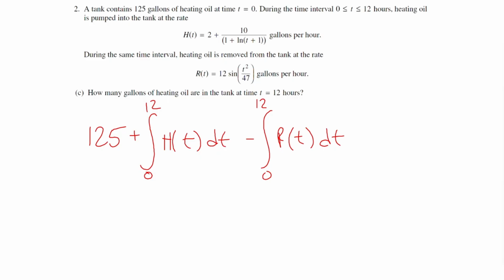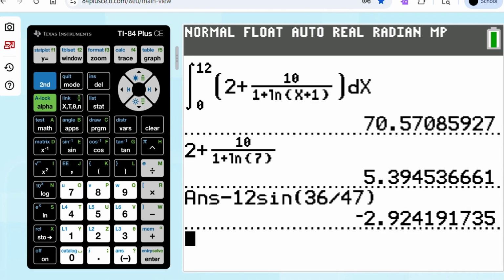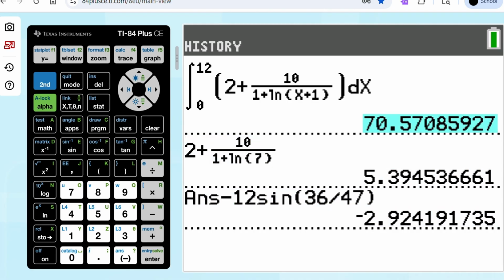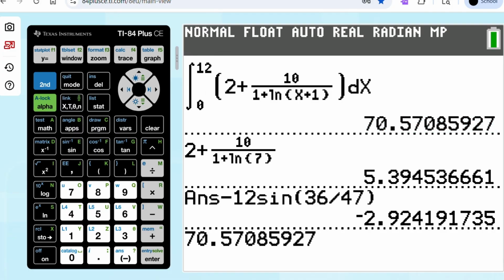So we already did the integral from 0 to 12 of h in part A. So when we go back to our calculator here, I'm just going to go up and find that value, so I don't have to retype it all, and hit enter, and that brings that value down.